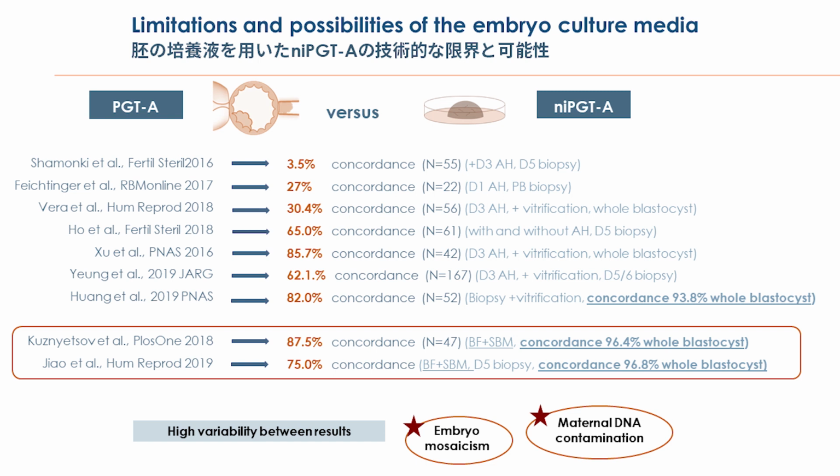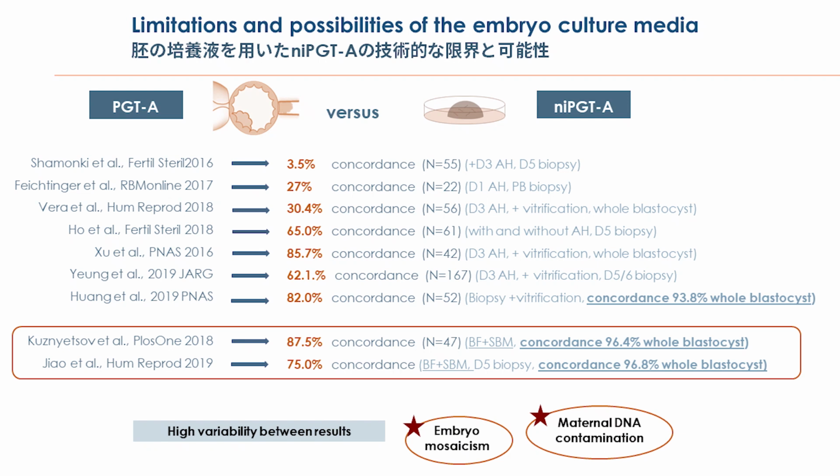And you have 3 examples here. In this study, the concordance rate of the media with the trophectoderm biopsy was 82%, but the concordance rate of the media with the whole blastocyst was 93.8%.